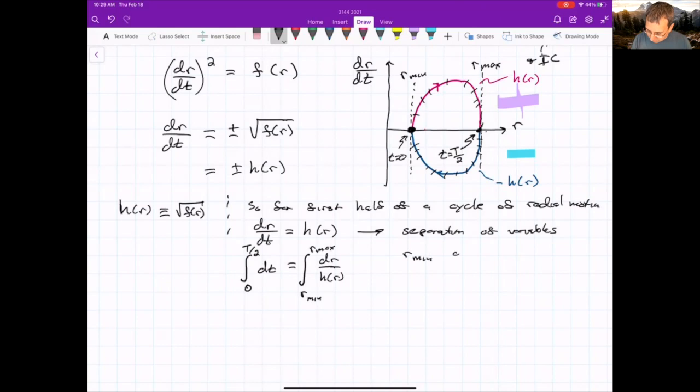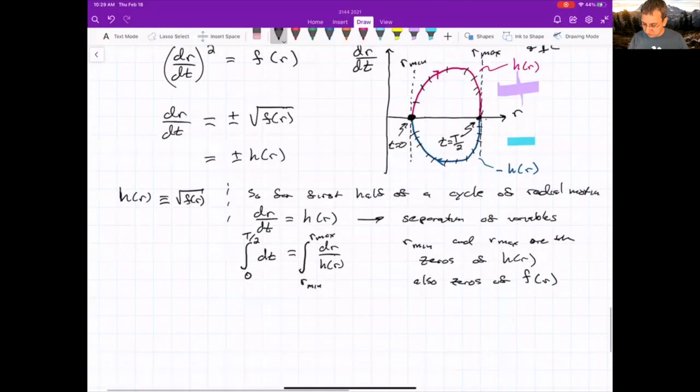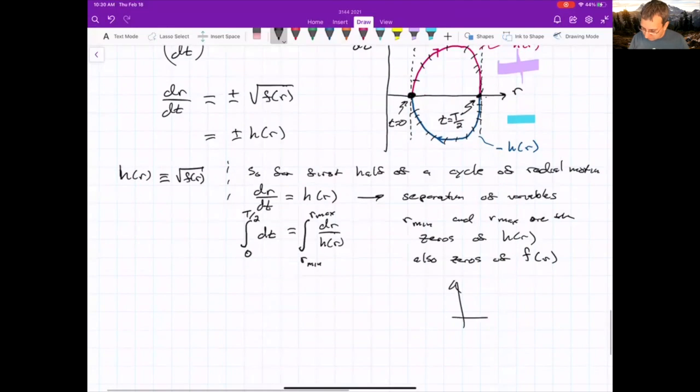R min and R max are the zeros of h of r. It's probably easier if you think of it, it's also the zeros of f of r, because f of r doesn't have that square root thing in it, and it looks prettier when you plot it. But there are numerical tools to find the zero of any function.